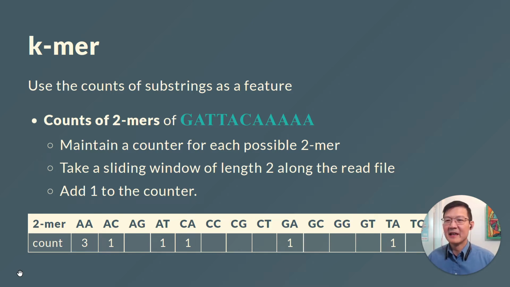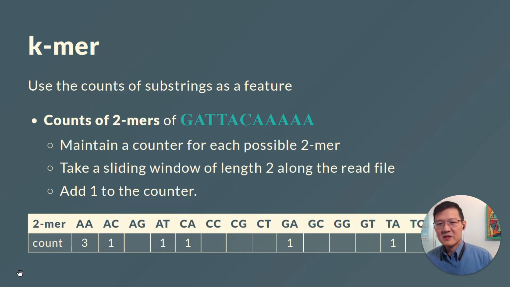Instead of using just one letter, you can use the number of substrings as a feature. Sorry, I should have mentioned that the substrings are called k-mers in computational biology. It's very similar to n-grams in natural language processing.